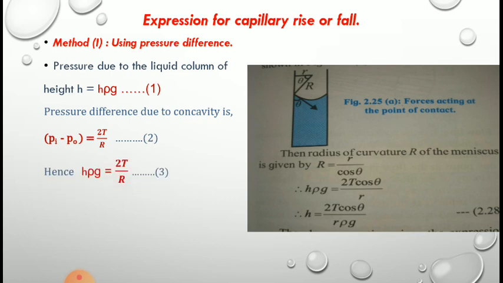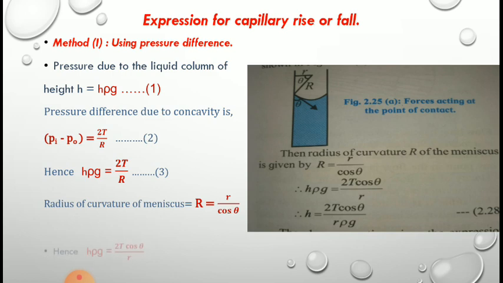Hence, by combining these two equations 1 and 2, we get h rho g is equal to 2T divided by R. But the radius of curvature of meniscus, capital R, is equal to small r divided by cos theta, because in this diagram cos theta is the ratio of adjacent side to the hypotenuse, and that's why the formula becomes capital R is equal to small r divided by cos theta.